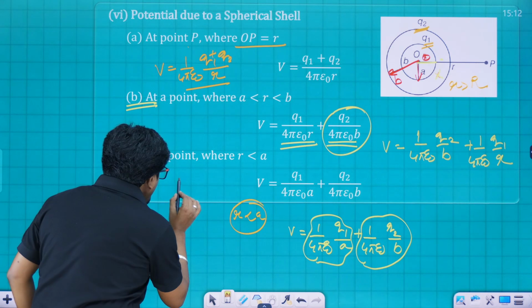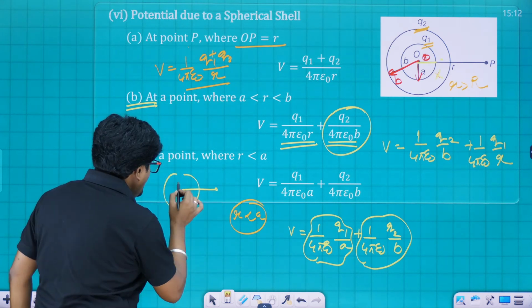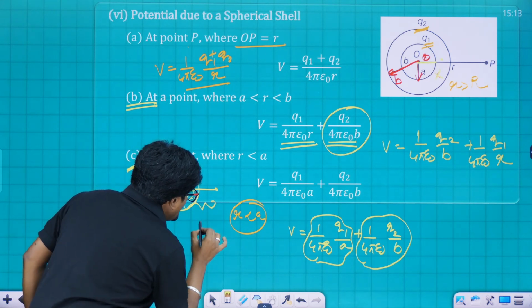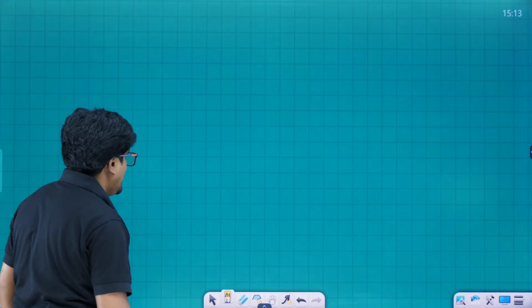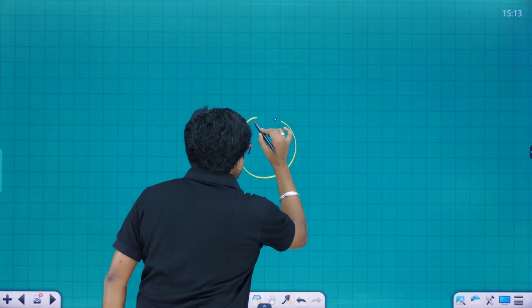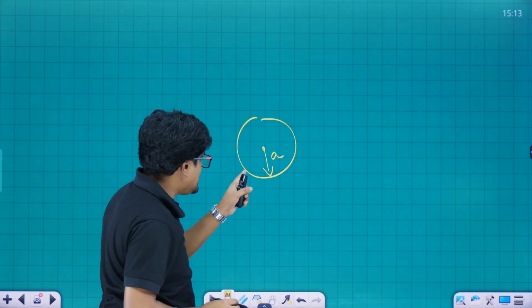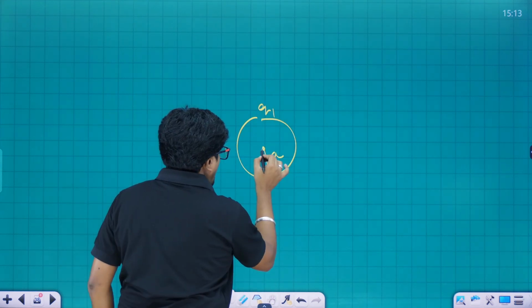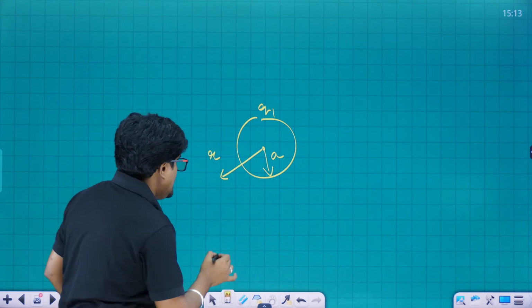And if you are having any point outside the surface, then we will assume that the entire charge is concentrated at the center and we need to consider this distance small letter r. I am going to give a small briefing based on this because I don't want you to put that great effort into memorizing this. Now let me have charge Q1, radius small letter a, and I am going to have a point small letter r here.